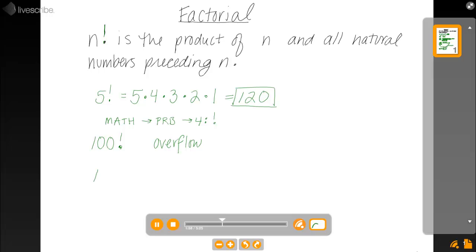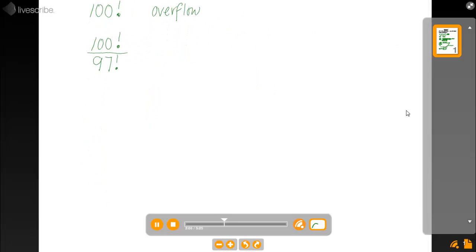It is interesting, though, that we are able to calculate this. If you put this into your calculator as 100 factorial over 97 factorial, again, it'll give you error overflow because it's going to try to calculate each of the numerator and denominator before it tries to divide.